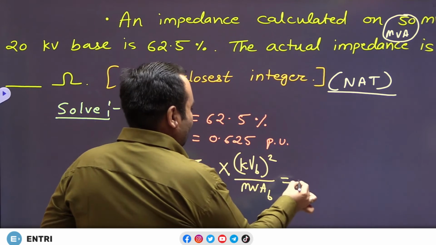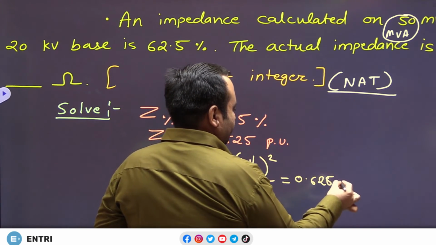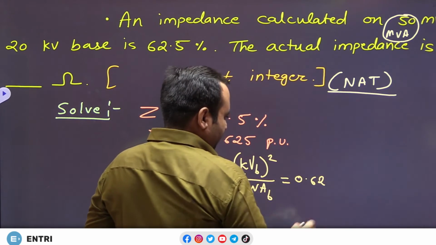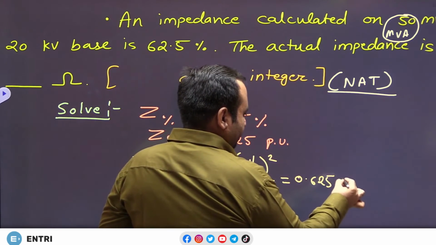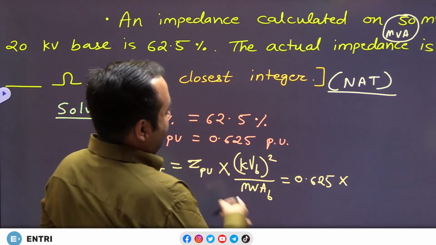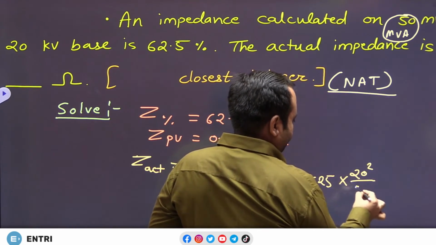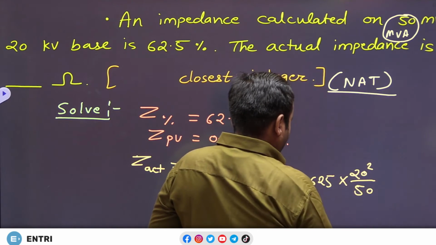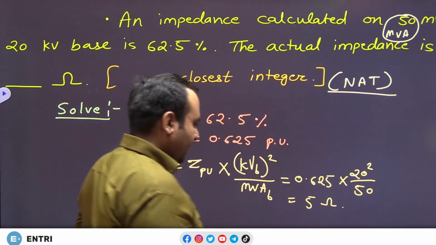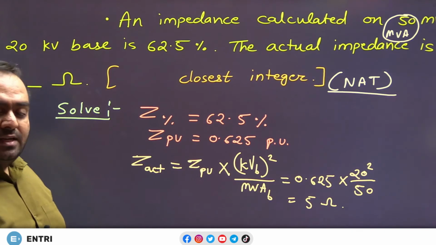I think by now you must have done it. 0.625 into 20 squared by 50. Sir, it is coming out to be exact 5 ohms. Exact 5 ohm, if I am not wrong, right?